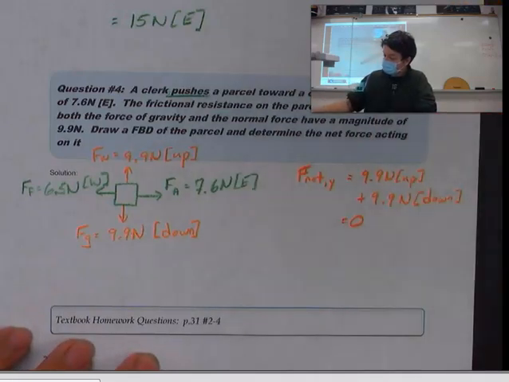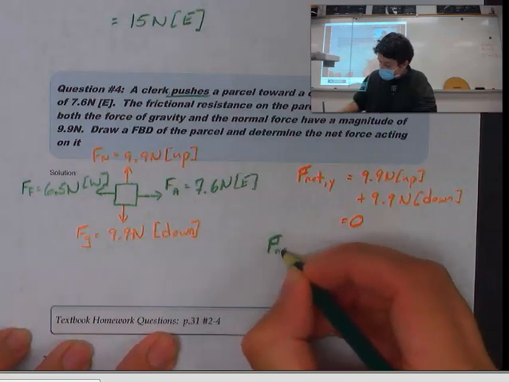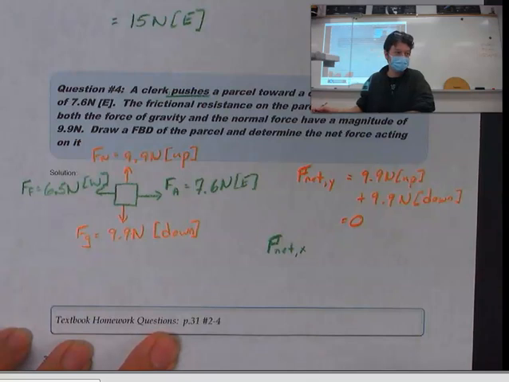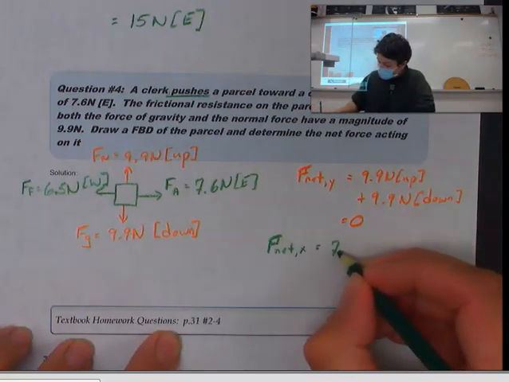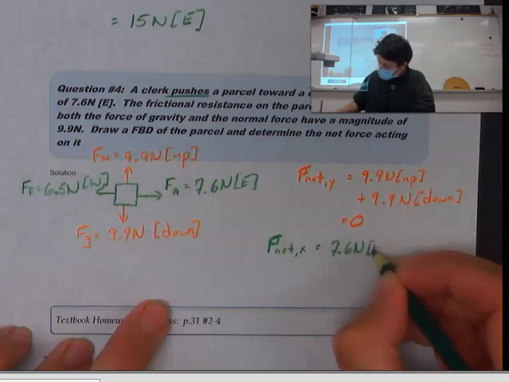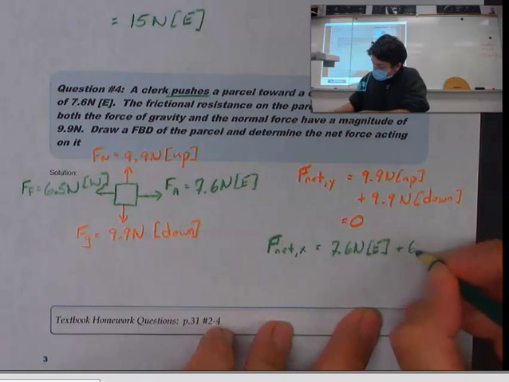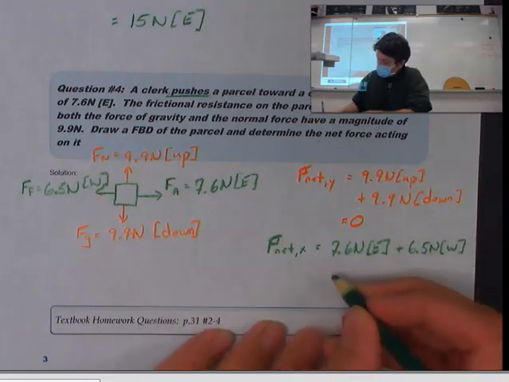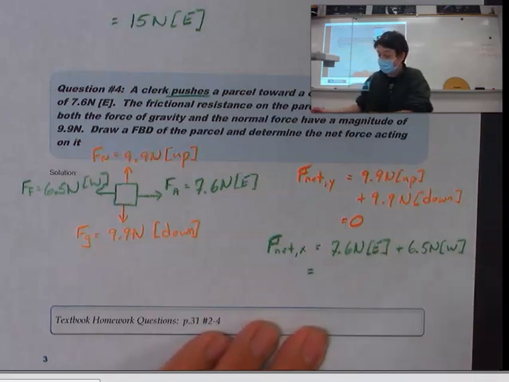Now if we also looked separately at our net force, our horizontal one, because of the Cartesian plane, we'll call this x. Here we have 7.6 newtons east plus 6.5 newtons west. We add those together. We have to change west to negative east.